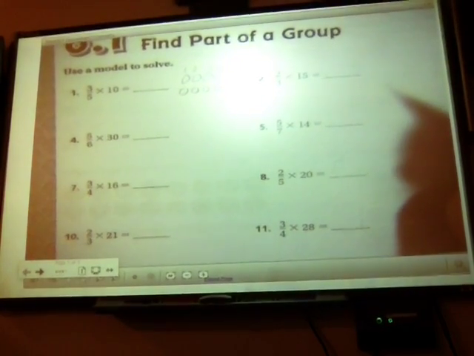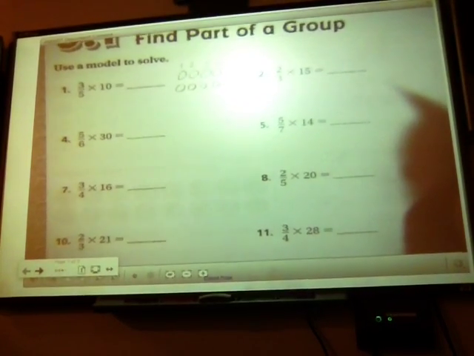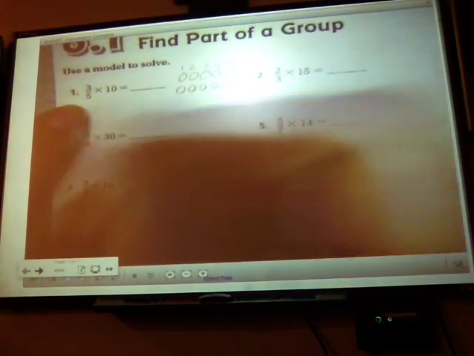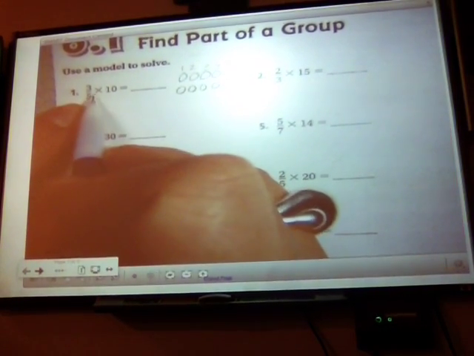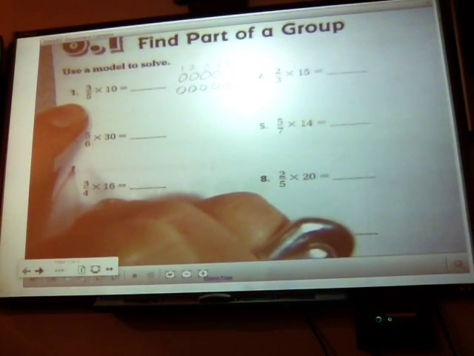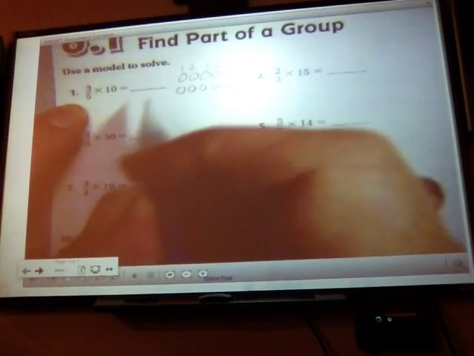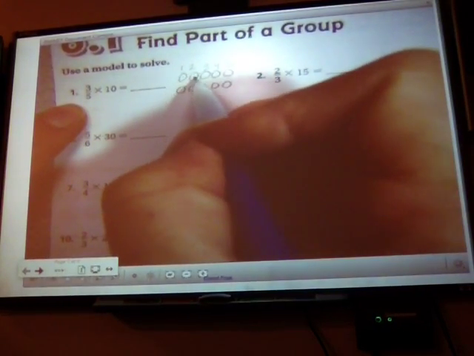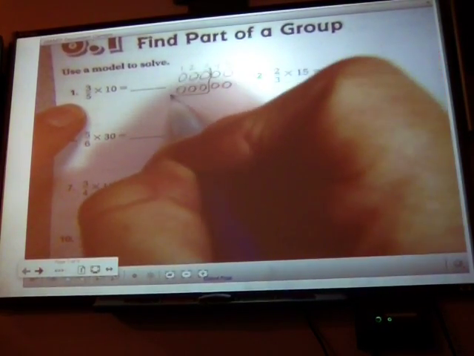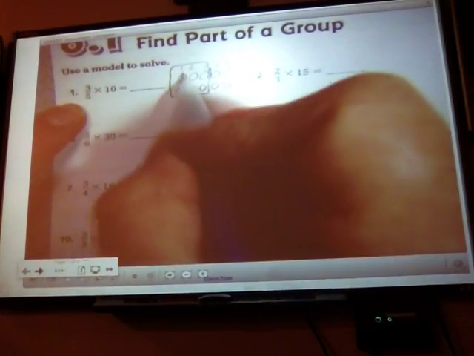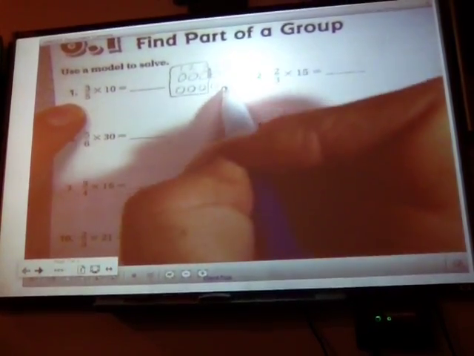All right, so how many groups of 5 am I going to circle, Delaney? 3/5 of 10. So I'm going to circle 1, 2, 3 fifths of 5, right? 1/5, 2/5, 3/5, 4/5, 5/5.